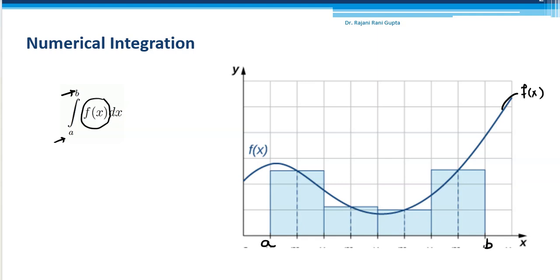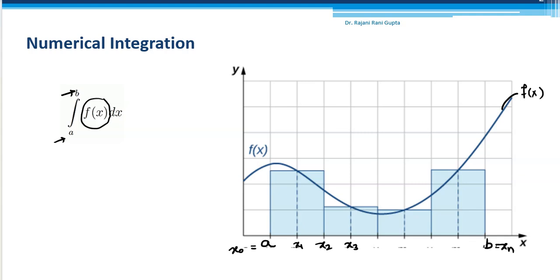What we do in numerical integration is divide this entire interval into sub-intervals, starting with, say, the first point as x0, then x1, x2, x3 and so on, indicating the last point as xn, which is the same as b. Then we add up the area of these small rectangles. That gives you the value of numerical integration.